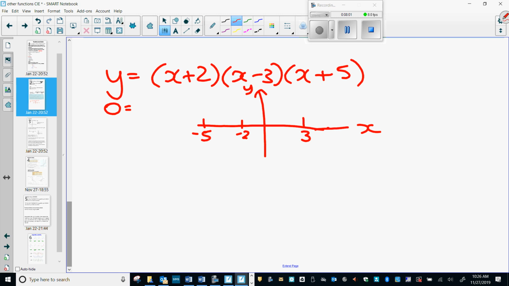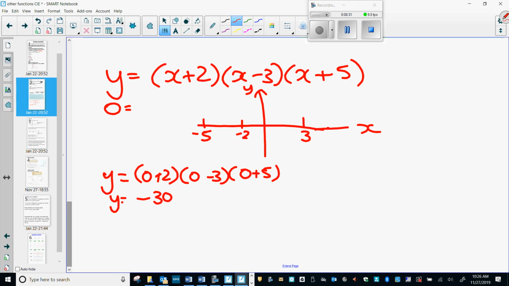So you would have 0 plus 2, 0 minus 3, and 0 plus 5, which gives us 2 multiplied by -3 multiplied by +5. So what's 2 multiplied by -3 multiplied by +5? -30, yeah?